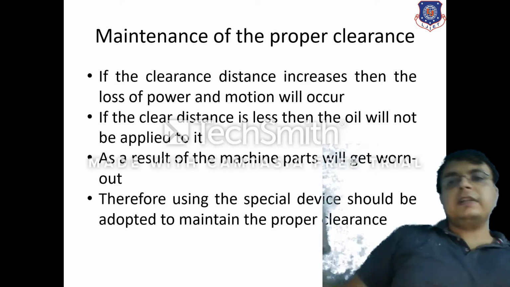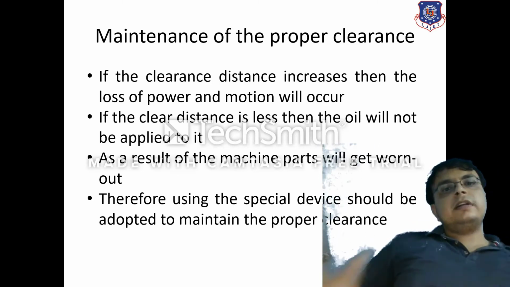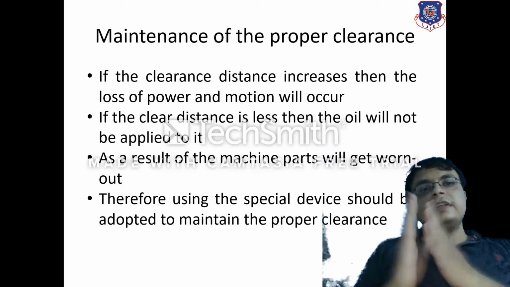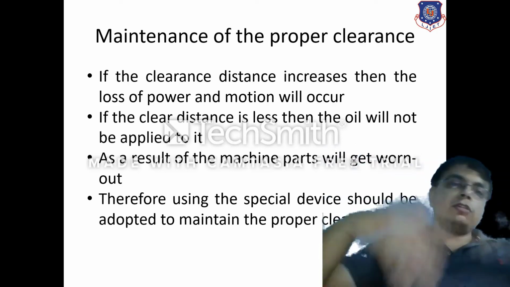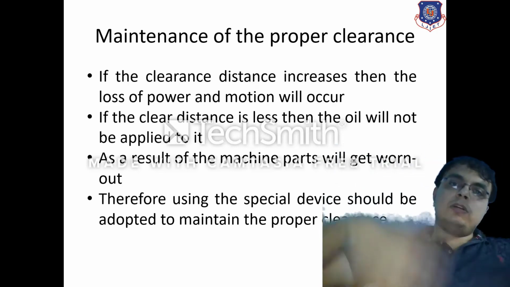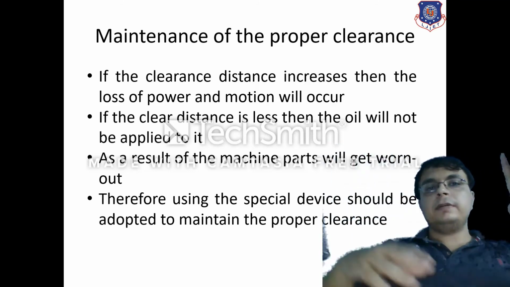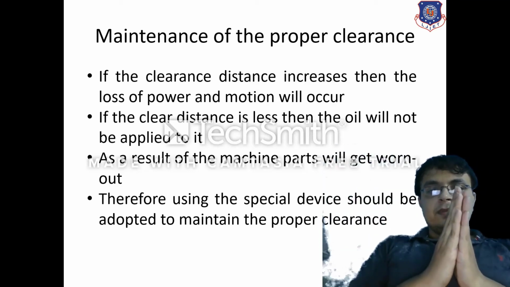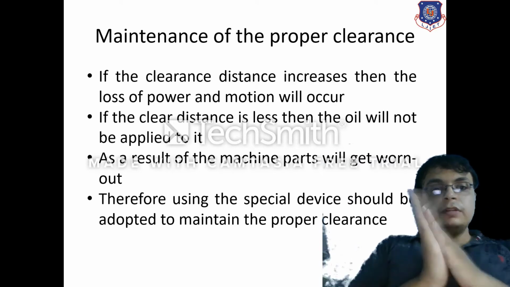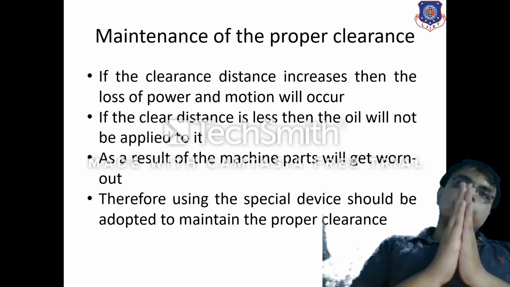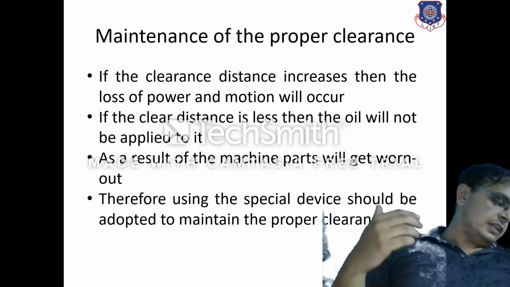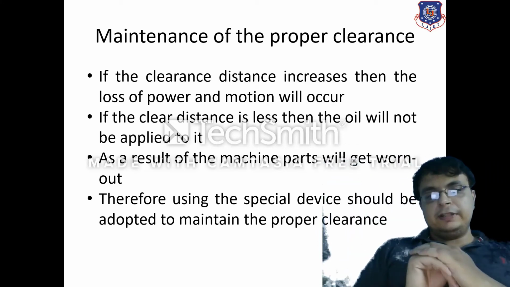Maintenance for the proper clearance. We all know that if the clearance between the surfaces increases, then there will be loss of motion and loss of power. And if the clearance between the two surfaces is lesser, then there will be more contact of the two surfaces, and as a result, the wear rate will increase and the wearing out of the machine will take place.